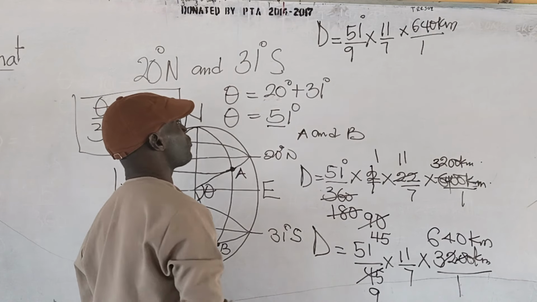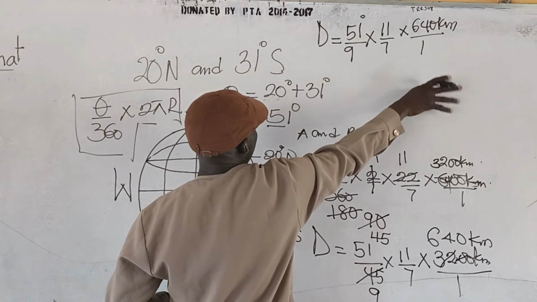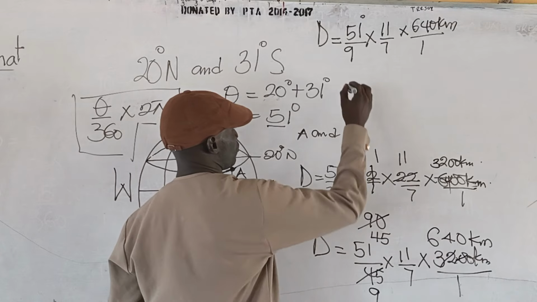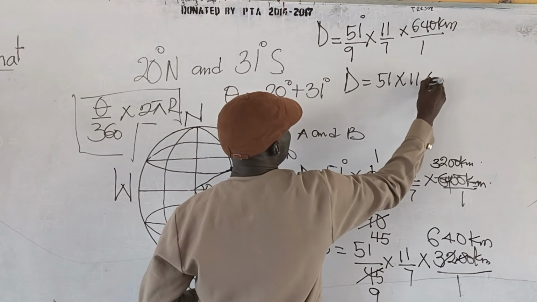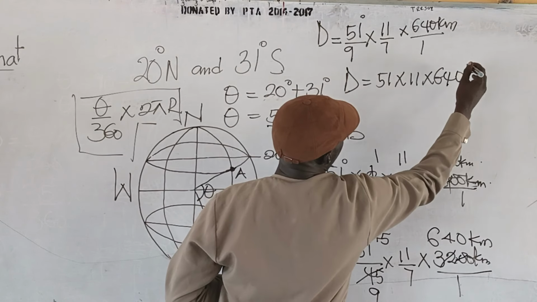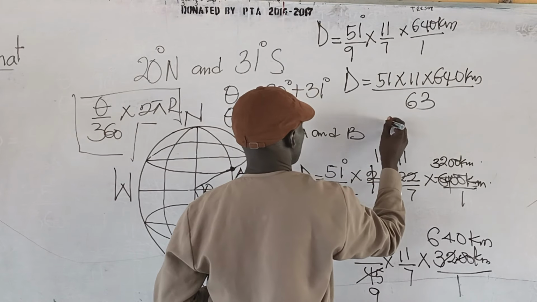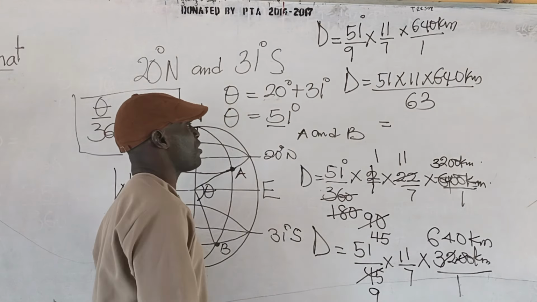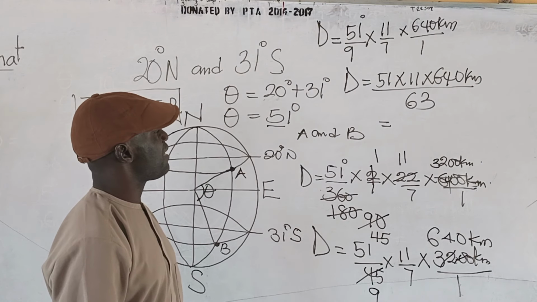Nothing can go. What to do is to multiply all the numerators together, and also multiply all the denominators together. So D now equals 51 times 11 times 640 km divided by 63. If you work on D, you multiply 51 times 11 times 640 kilometers divided by 3.